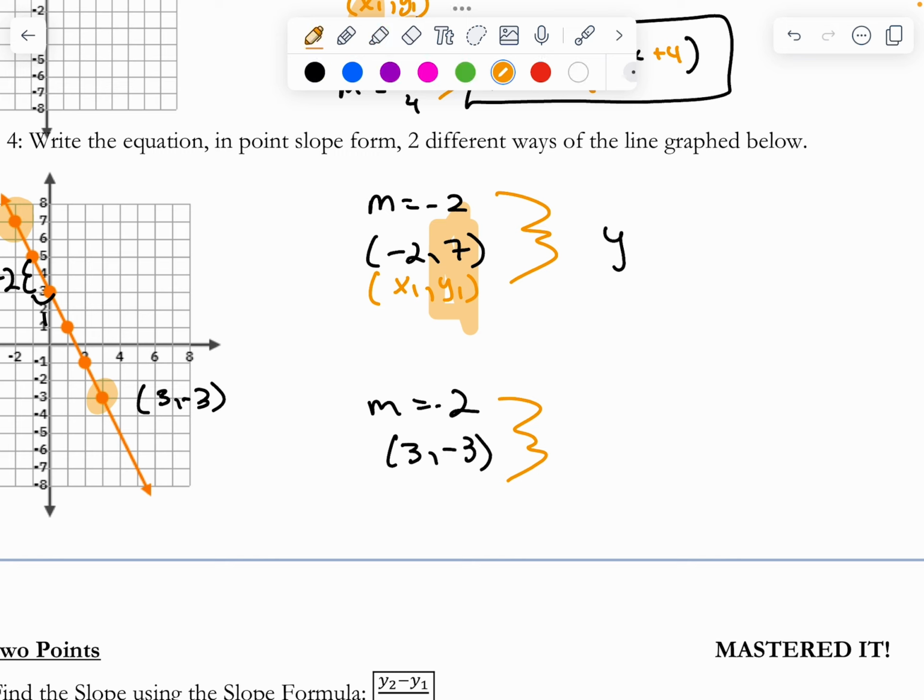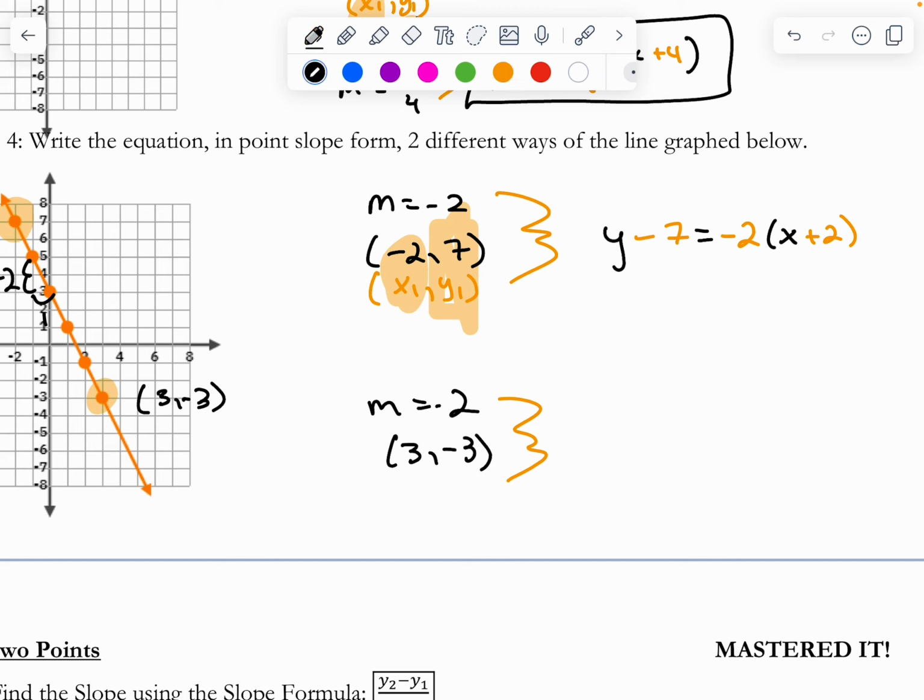So we're going to go ahead and write y minus 7 is equal to my slope, which is negative 2, and then we're going to put parentheses, x. And for my x1, we have negative 2, so we're going to write in positive 2. Done, right? Super easy, super fast, just plugging in, and we're done. I'm not even asking you guys to solve it, just plug it in.